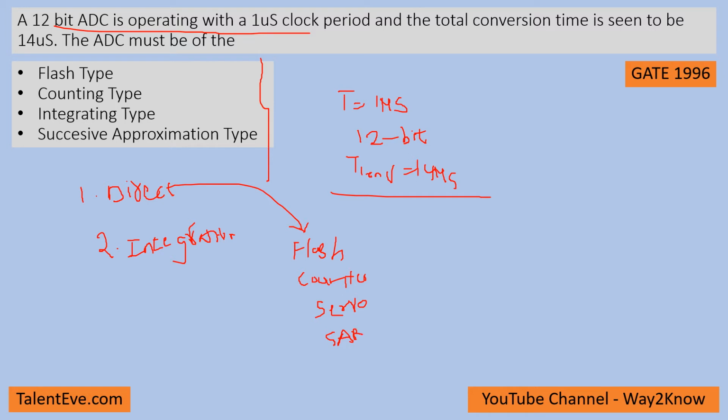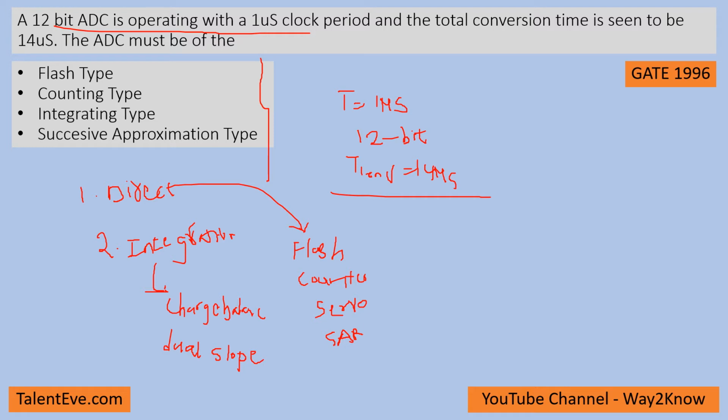Now there is one more, which is called integration. In integration we have mainly the charge balancing and the dual slope. So these are the two types in the integration type ADCs.